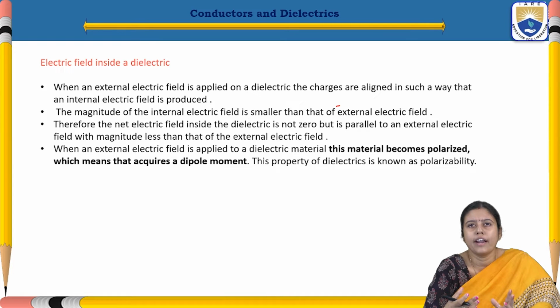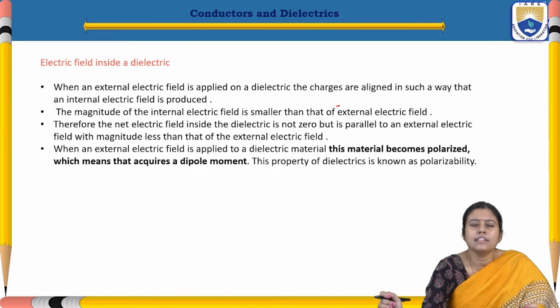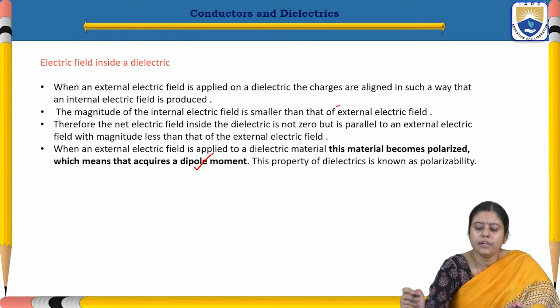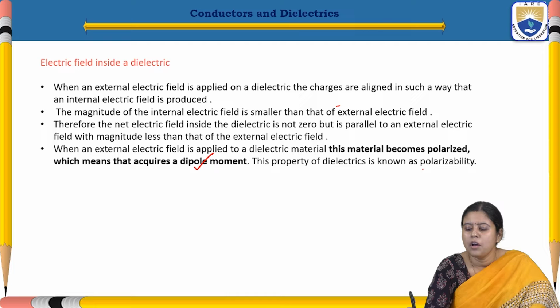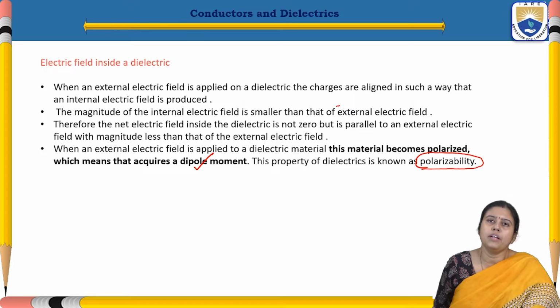It is called polarization. Positive charges will go one side and negative charges the other side, and if both charges have the same magnitude and opposite direction, they will create some dipole moment. This dielectric property is known as the polarizability of the dielectric medium. This is an important property of the dielectric.